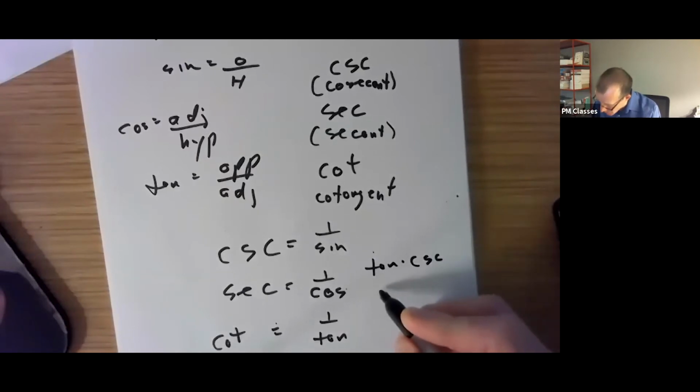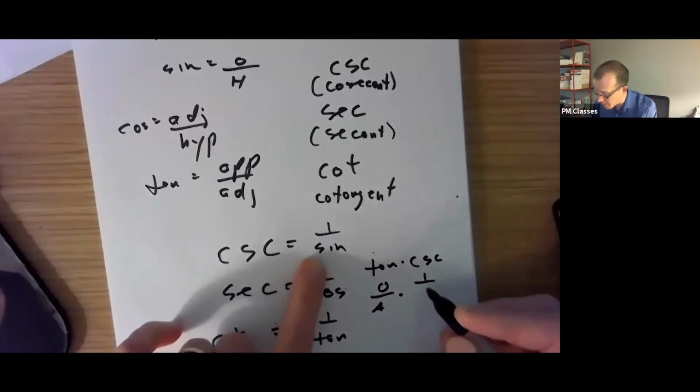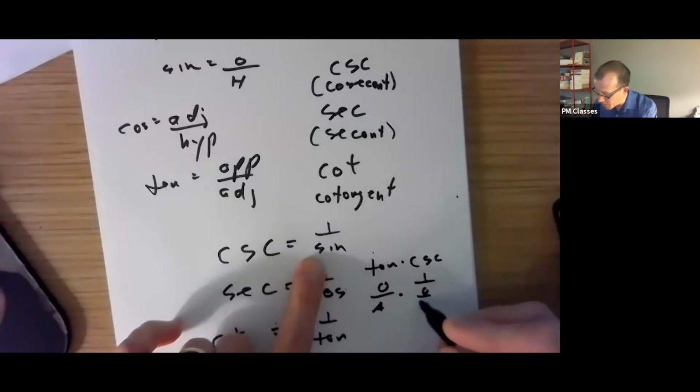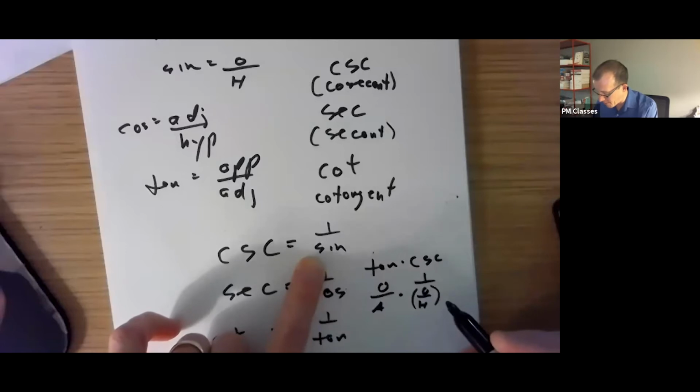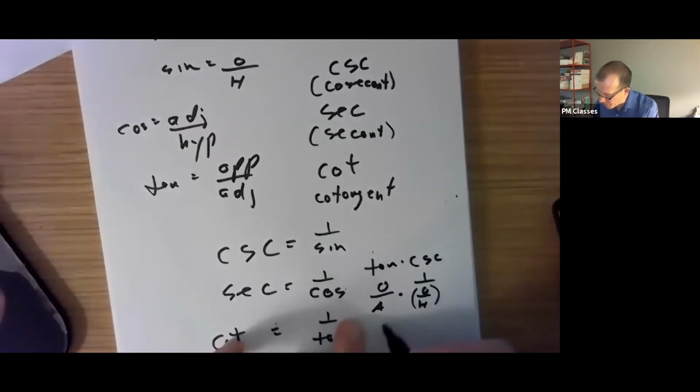Or we could have done the tangent times cosecant. Tangent is opposite over adjacent. Cosecant is 1 over sine. What do we say sine was? Opposite over hypotenuse. Dividing by a fraction, did I do that right? Just double checking. Yes, I did. Dividing by a fraction, we multiply by the reciprocal, so we get h over o.